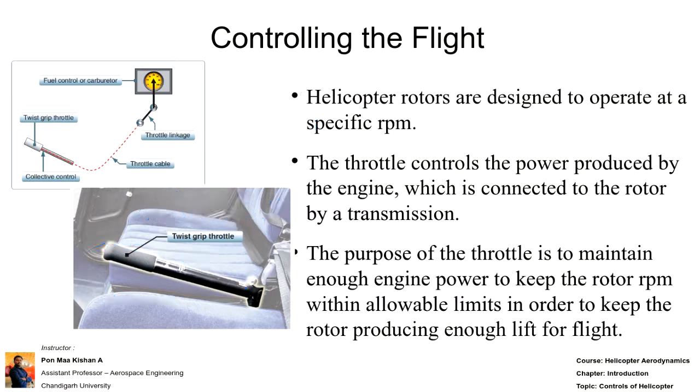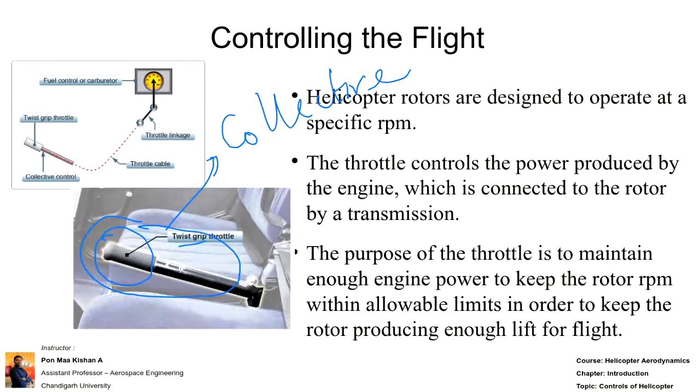This control stick is called the collective control stick. At the end of the collective control stick, there will be a twist grip, like our bike accelerator. So the entire stick will be called the collective control stick or collective control rod.